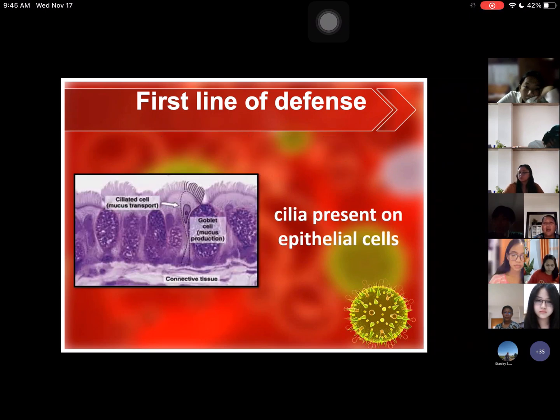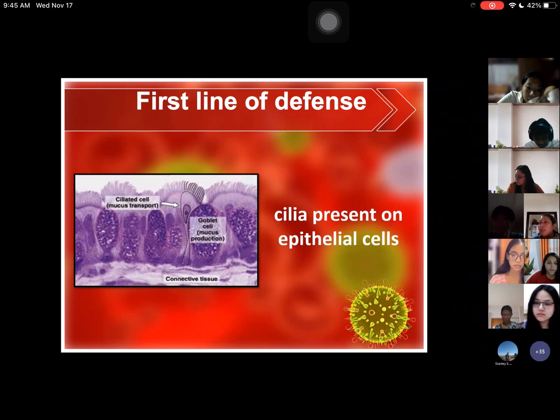The mucous membrane covers the inner lining of our organs, and it has the cilia in it. So cilia is present on the epithelial cells. The cilia prevents the microorganisms or the invaders from gaining entrance.